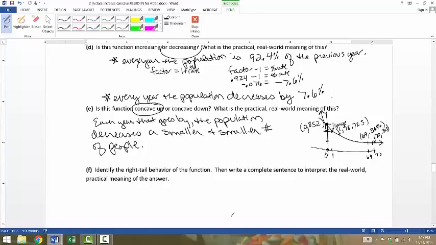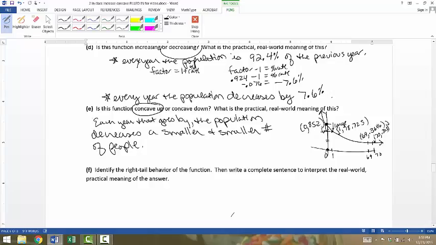So in 2020, there's only 311 people in the town. Now notice the amount of decrease there went from 365 people down to 311. That's not that big of a decrease. Whereas before, it was 85,000 people down to like 78,000 people. That's a big decrease. So each year that goes by, there's a smaller and smaller number of people leaving town.